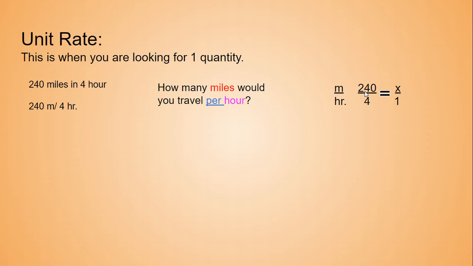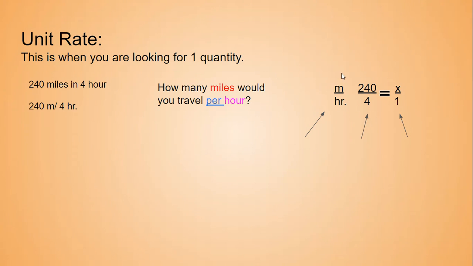So we have 240 over 4. And we're looking for how many miles in 1 hour, so our second ratio is x over 1. Use our cross product to solve. Basically what you're doing is 240 divided by 4, which gives us 60 miles per hour.